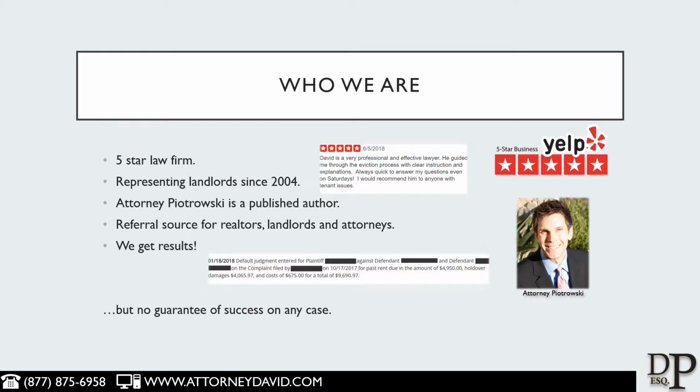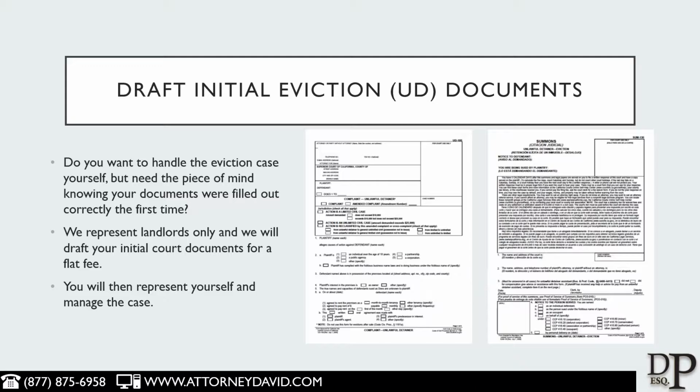So let's first dive right into the plan where we would create the initial pleading documents on an eviction case. This would include the summons, the cover sheet, any addendums that are required to the cover sheet, as well as the summons and the complaint.